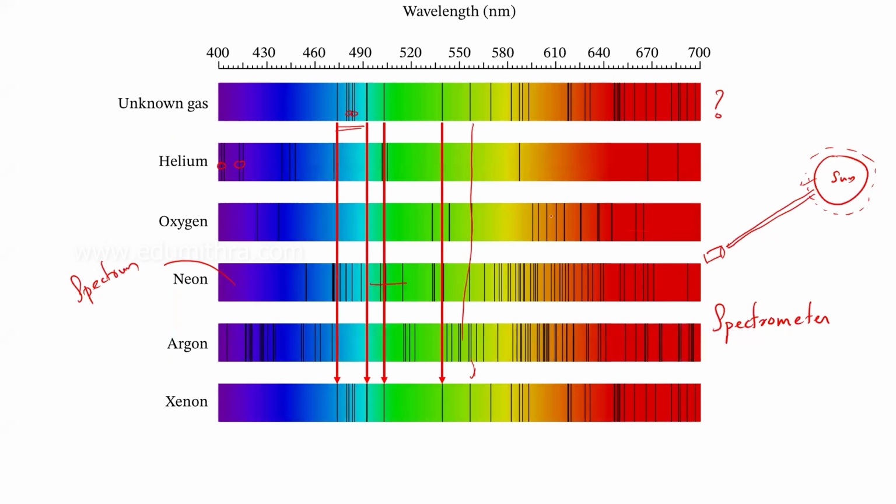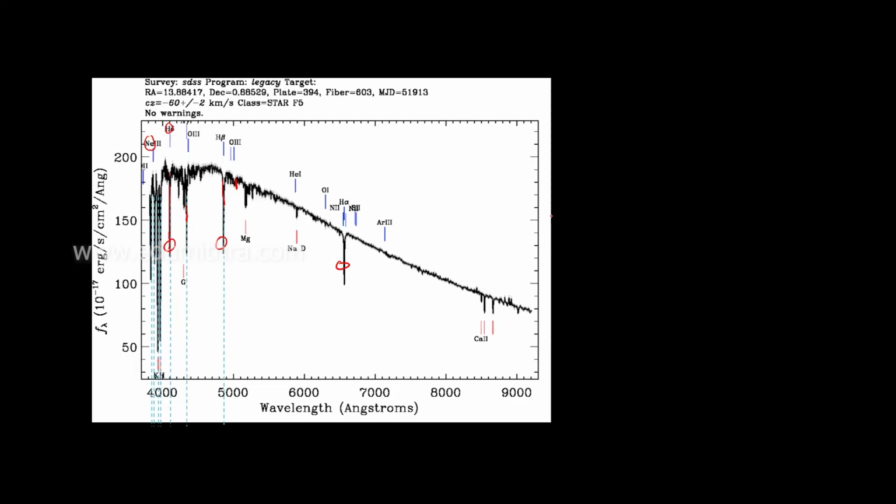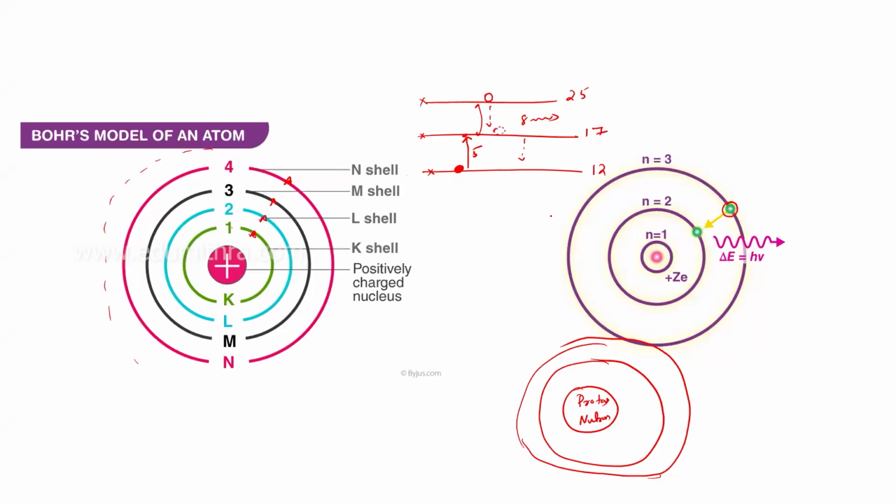Another way to say it is that those electrons have taken those particular energies from the light and jumped to a higher state. So that energy is used for the jumping of electrons, and that is why those lines are there.